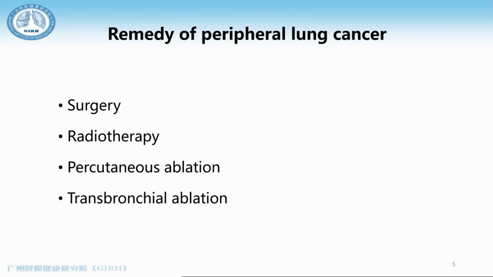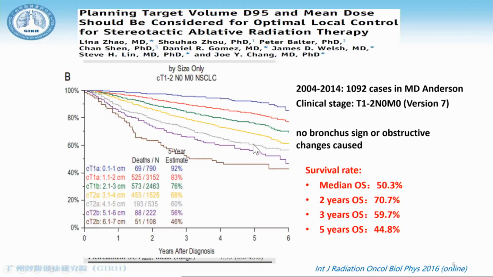And for the remedy of peripheral lung cancer, we can use surgery, radiotherapy, percutaneous ablation and transbronchial ablation. Here is the SBRT result in this paper published in 2016.